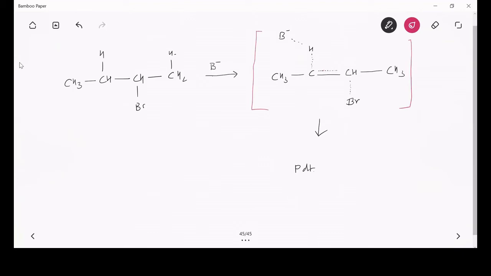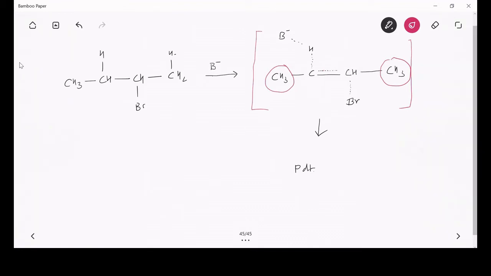That's why this developing double bond, which is not formed yet, could also be stabilized by these two methyl groups. That means the transition state of this reaction can also be stabilized by the presence of these two methyl groups, which means the energy of the transition state will also be a little bit lower.